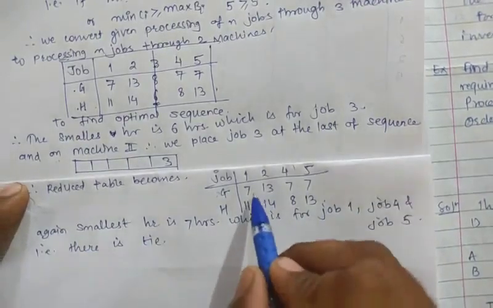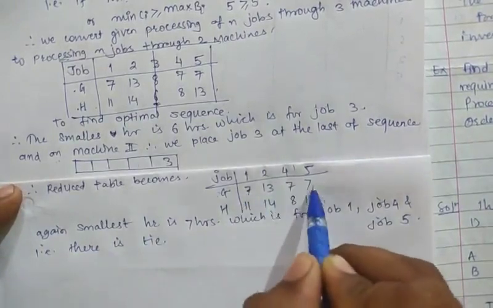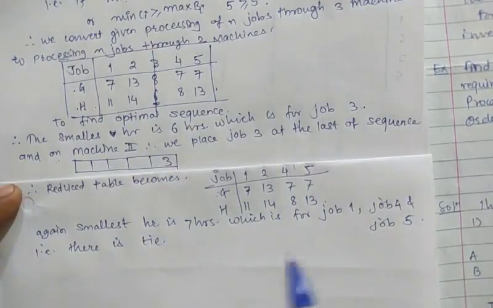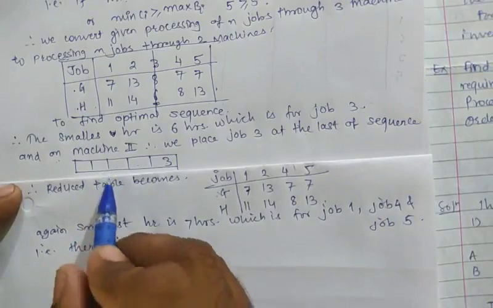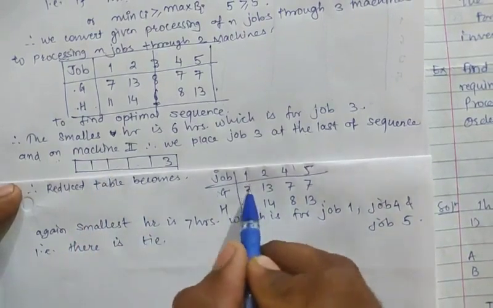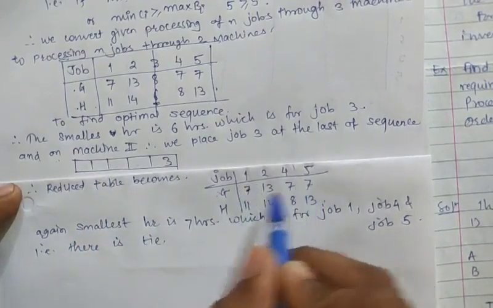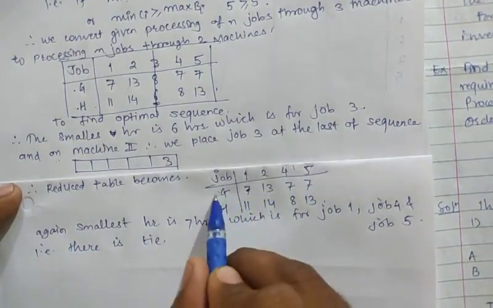So for the value 7 we get 3 different sequences. This 7 hours is only for machine M1.